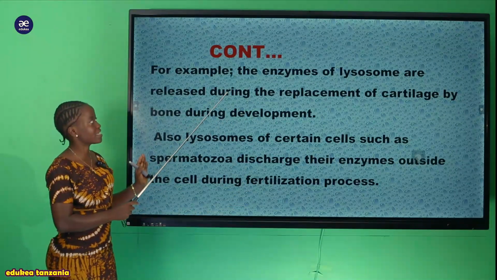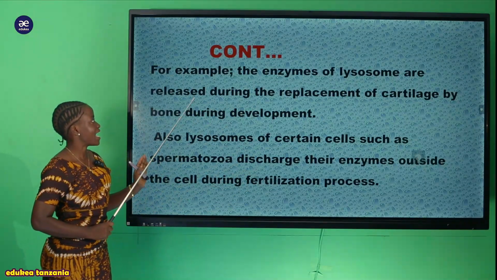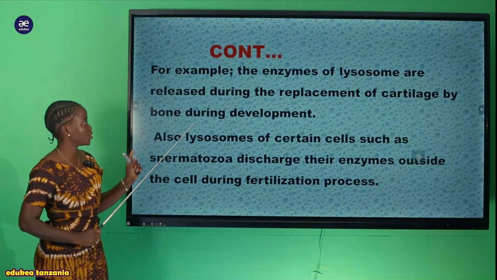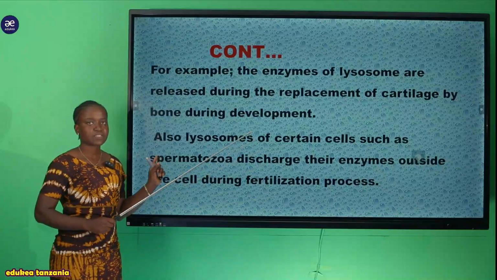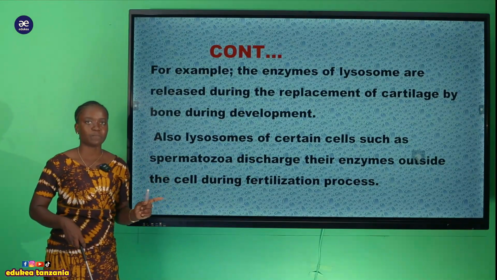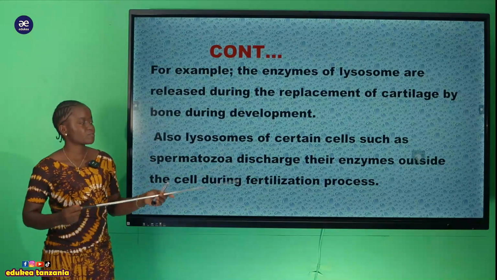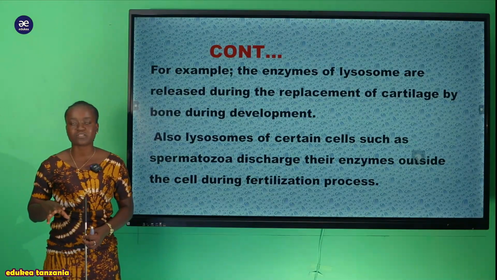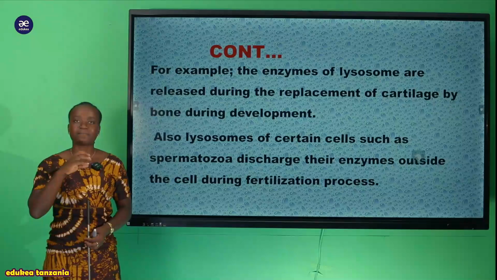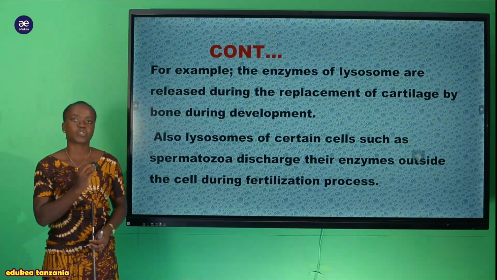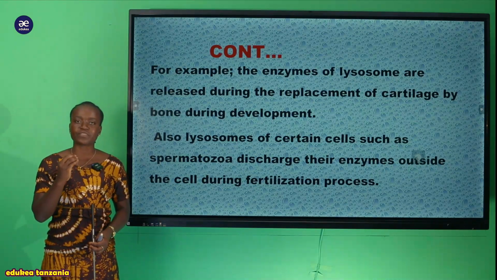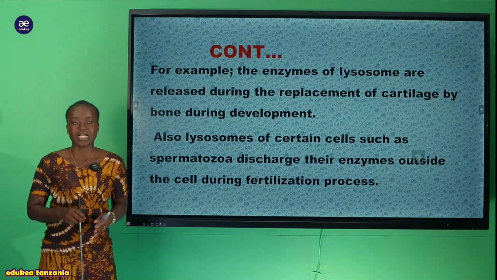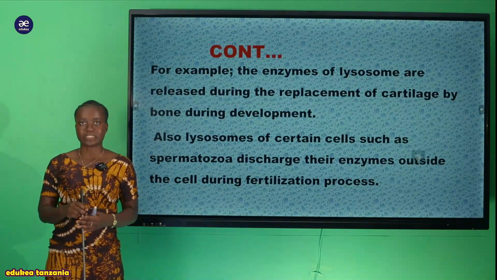This process takes place during development, that is the replacement of cartilage by bones. So that whole process, we say, is helped by the presence of this special process occurring within the cell, and that is exocytosis. So it helps in bone development.